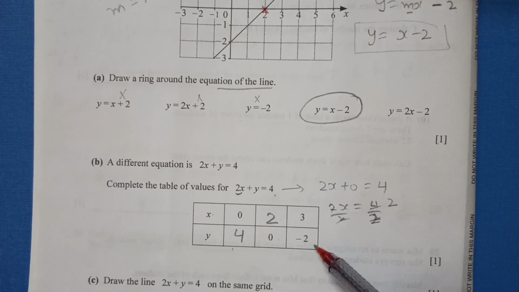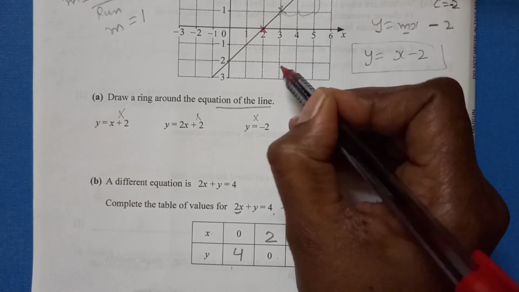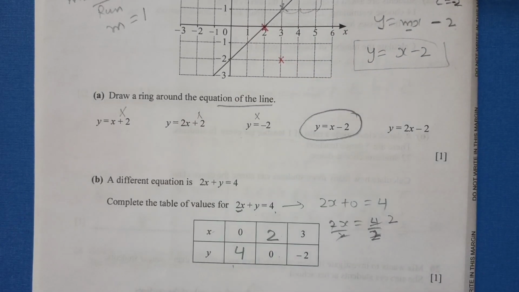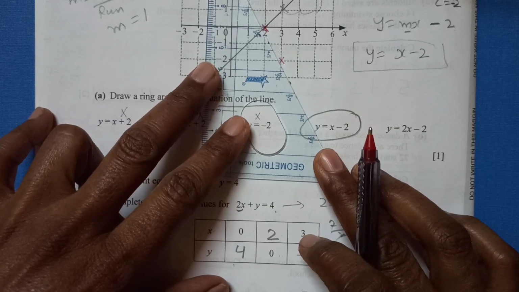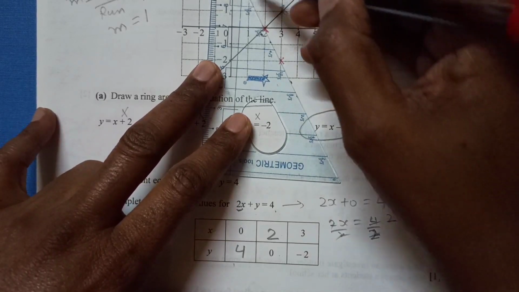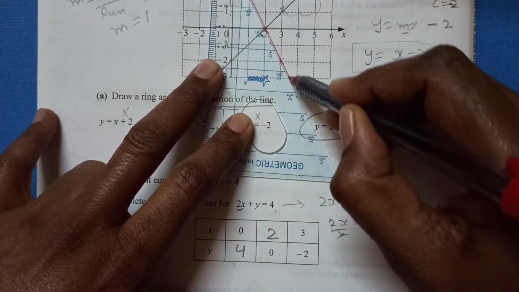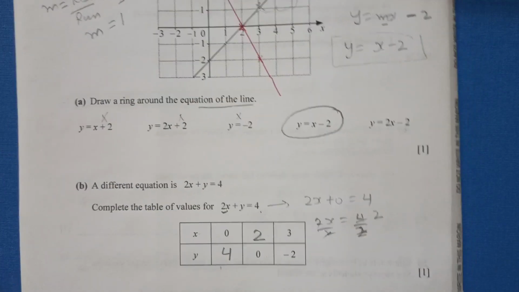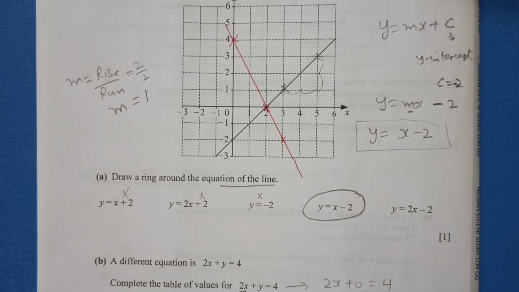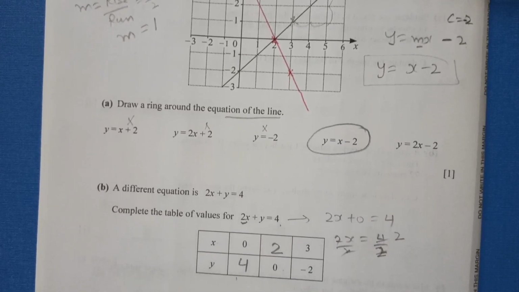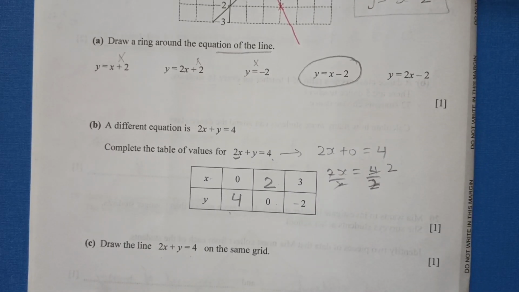Then x is 3, y is negative 2, this is the point. So we are just going to join these 3 points. So this is the required line. That's it for this question. Let's move to the next one.